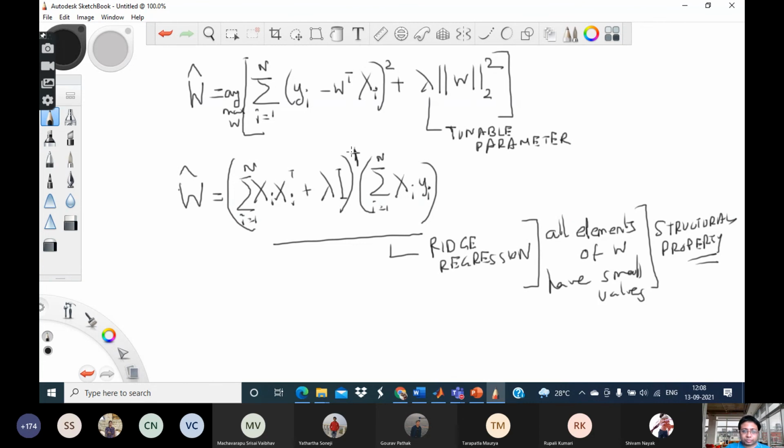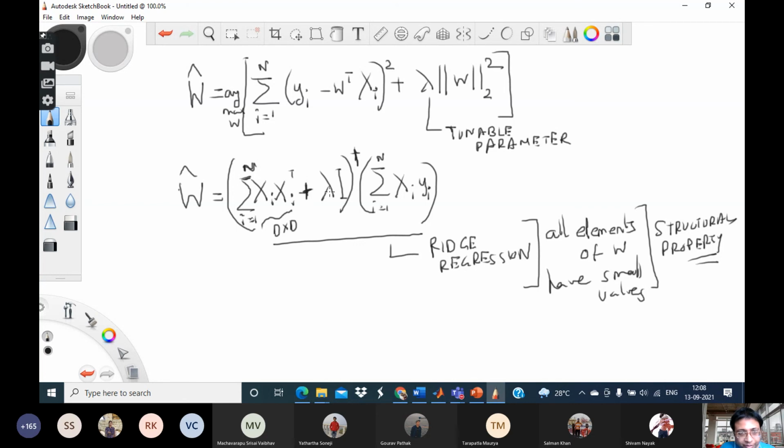Sir, here there will be like these are two summations, right? And there should be a plus sign in between. This is one summation, so you sum this over all the n data points, so that you get a D cross D matrix here, and here you have a plus sign.